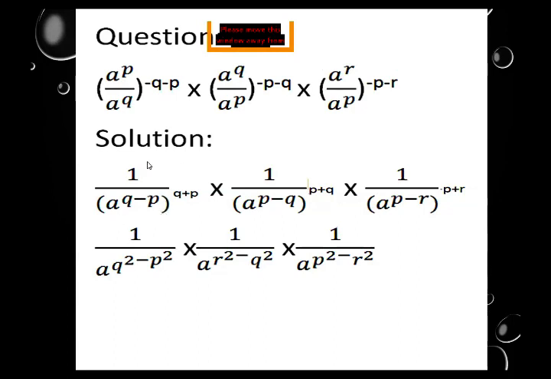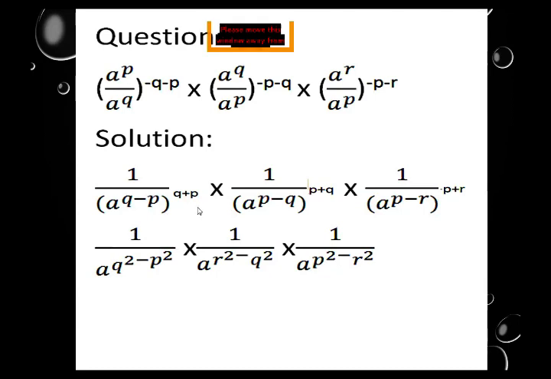Whenever we have a fraction inside the parenthesis, the negative exponent means we can change the position of the denominator as the numerator, so negative becomes positive and positive becomes negative. We are shifting the numerator into the denominator, or you may say the denominator into the numerator, to make the negative exponent positive.